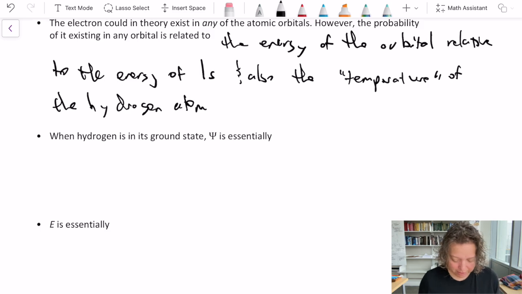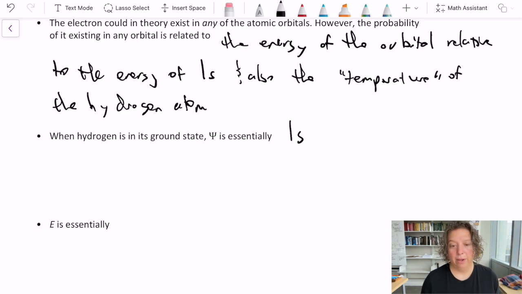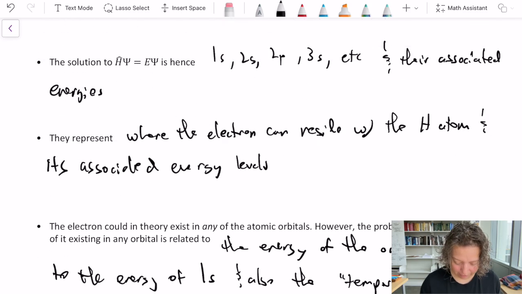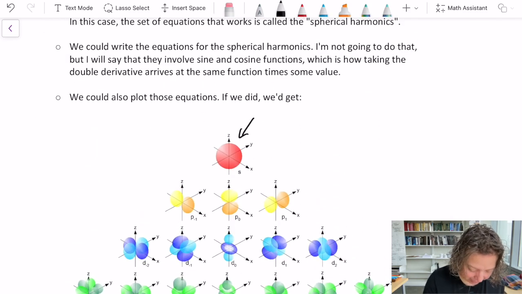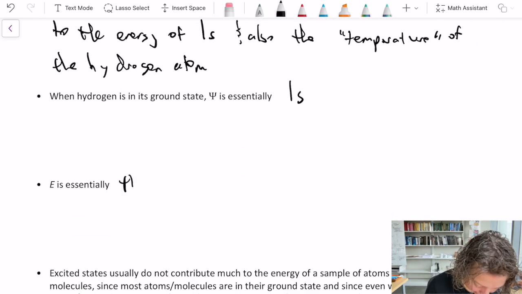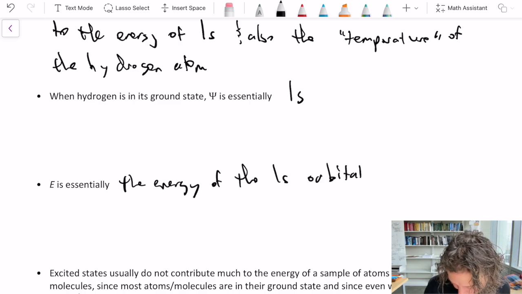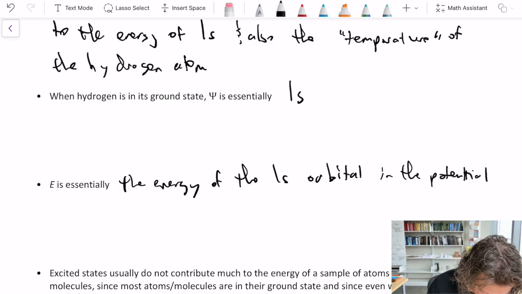When the hydrogen atom is in its ground state, psi is essentially the 1s orbital, and E is essentially the energy of the 1s orbital in the potential field of one proton.